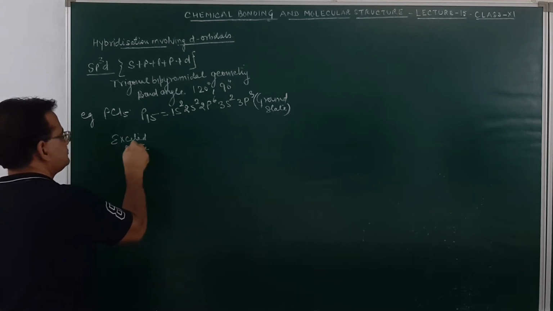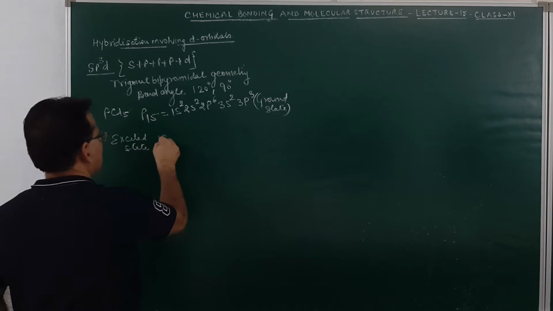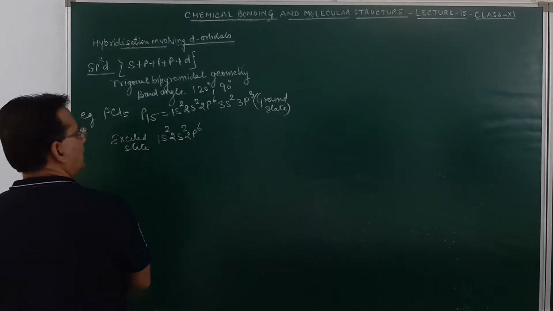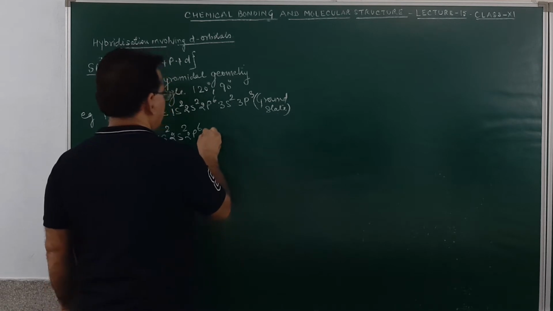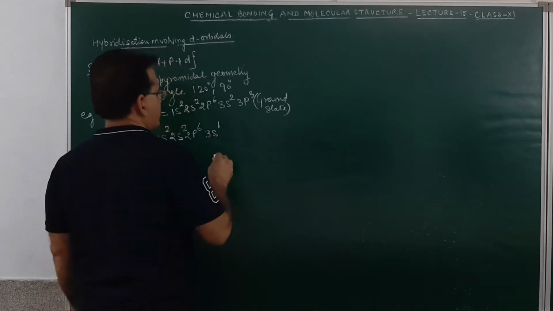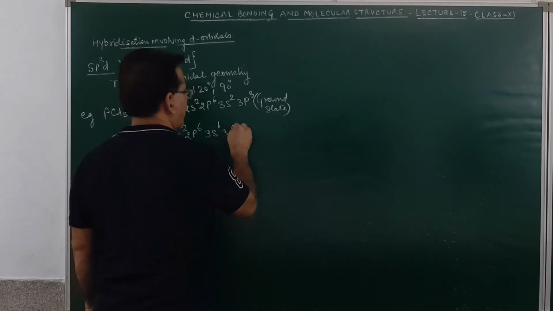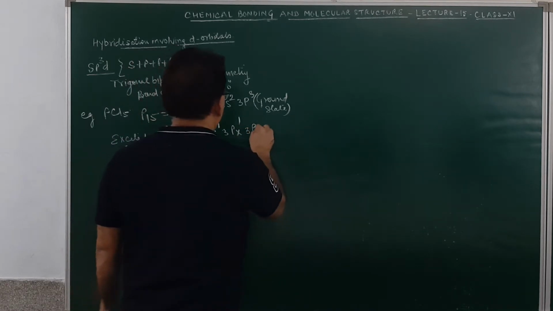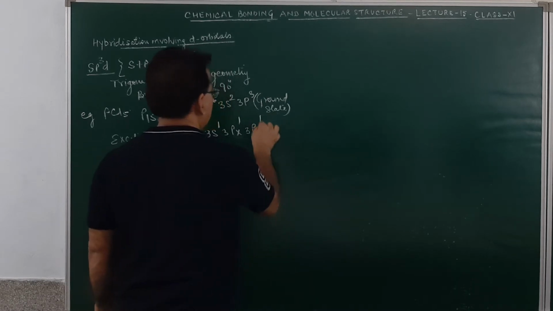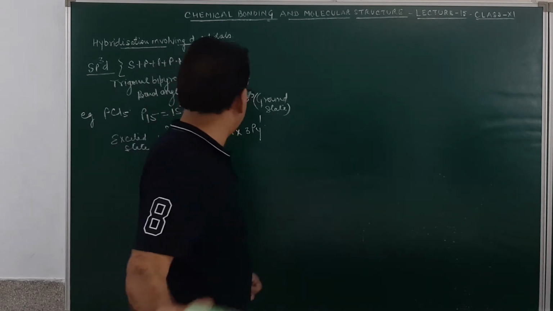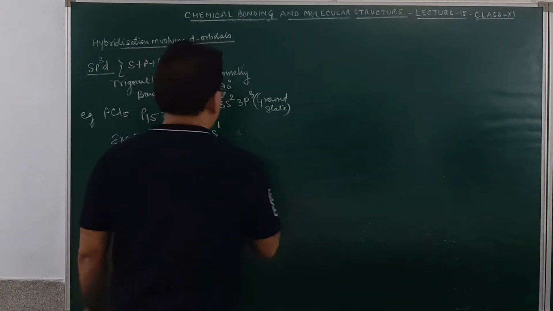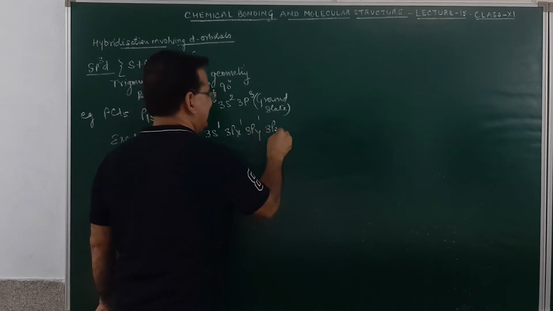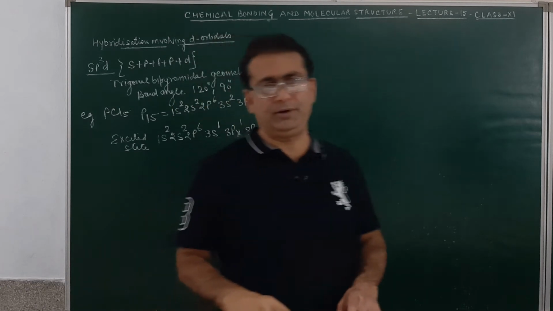Excited state: 1s2, 2s2, 2p6, then 3s1 and 3p3, that means 3px1, 3py1, 3pz1, and one of the d orbitals will be participating.